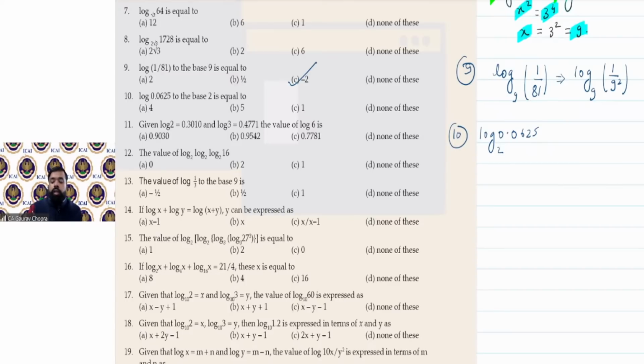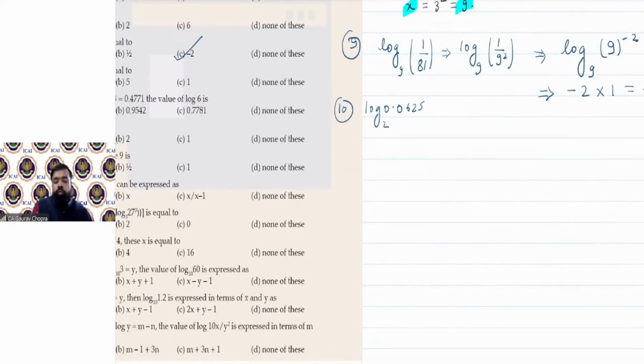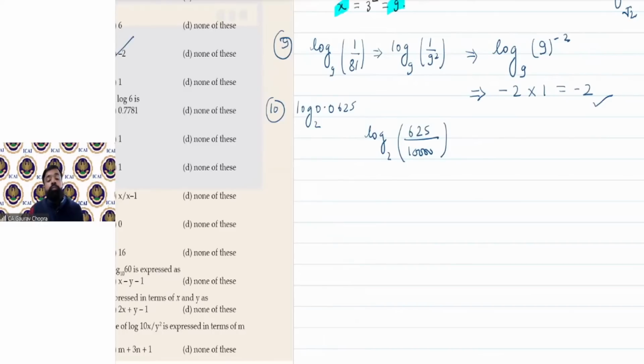It's easy. One thing can be done. You can remove the decimal. So log of 625. After the decimal, 4 values are there. So you can write 4 zeros, and the base is 2. Now 625 is 5 to the power of 4, and 10,000 is 10 to the power of 4.